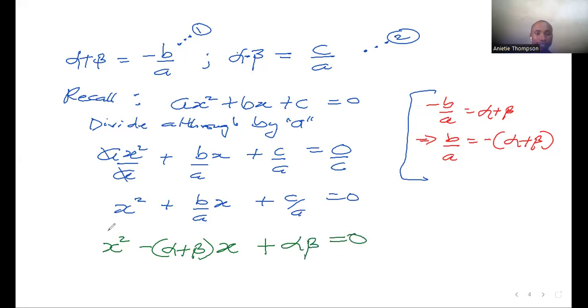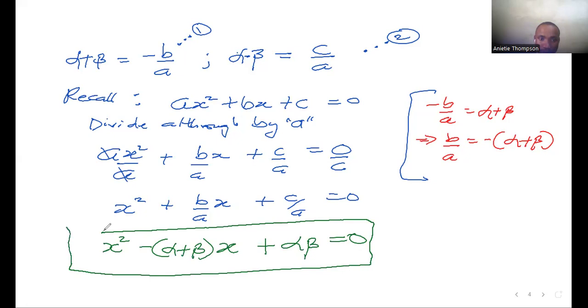I call this the quadratic equation in solutions. So a quadratic equation that is built with the sum of the solutions and the product of the solutions. You can give it any name of your choice, but I love to call it a construction of quadratic equation using the solutions.